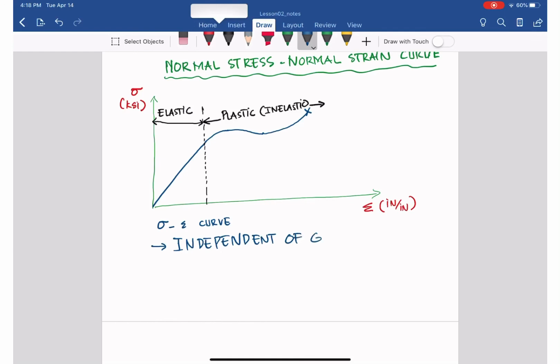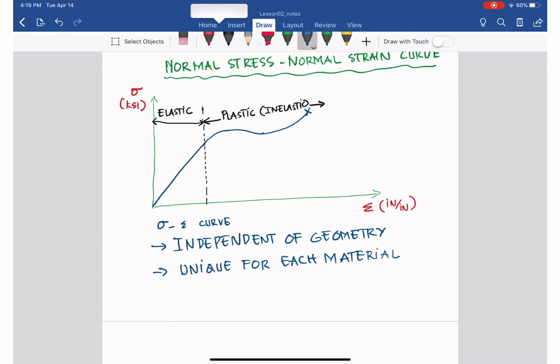So it is independent of geometry, and it's unique for each type of material, for example rubber, steel, aluminum, etc. To compare, each of us has a fingerprint, and your fingerprint and mine are not the same.